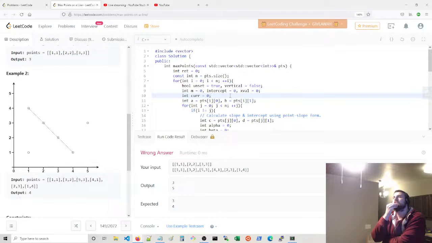You can use that as a key to a map, and then you can count how many points map back to that point slope form. That works. That's fine. I could do that. We could do that next if I get stuck. You do run into issues when you're dealing with horizontal and vertical lines, but that's kind of beside the point. In that case, you could use another map for horizontal lines, and just have the x coordinate.